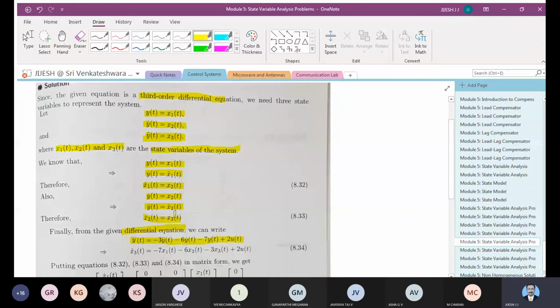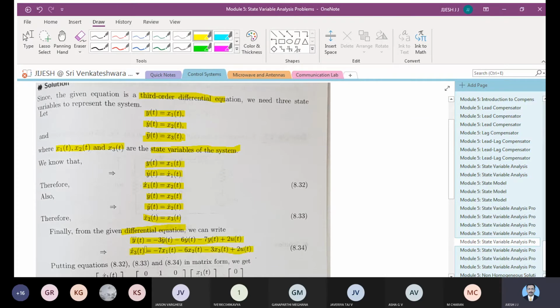So if you are taking y triple dot, you have to again differentiate this x3, so we have to write it as x3 dot of t. Because y double dot is x3, and we are taking y triple dot here, we need to put x3 dot of t. Similarly, you can replace all these things here.